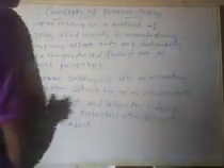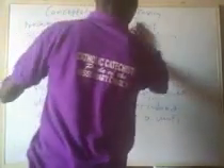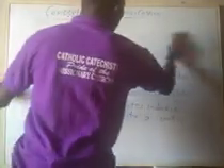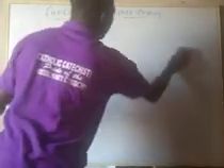In process costing, during the process of production, some losses are experienced, which may be due to some factors. So, you have types of losses.